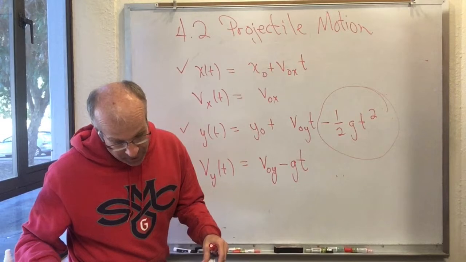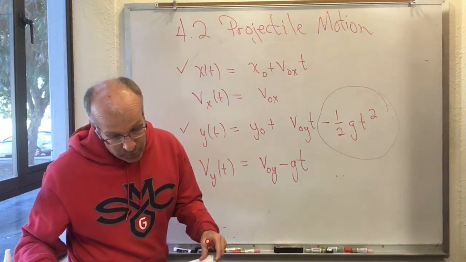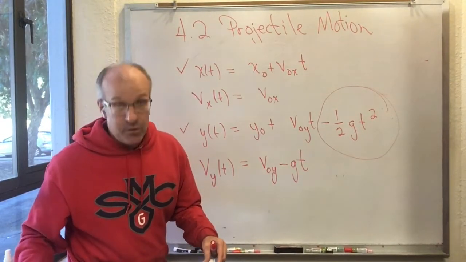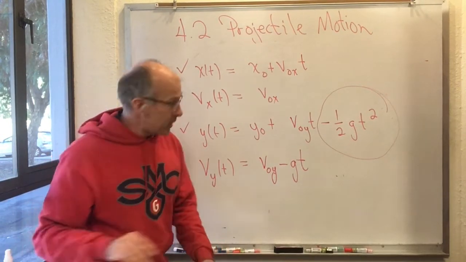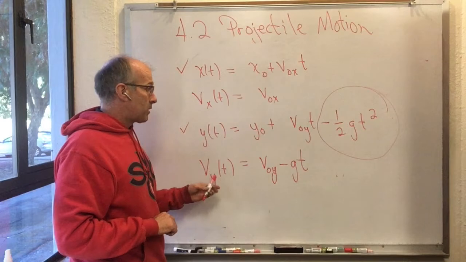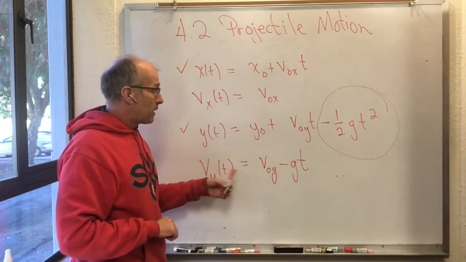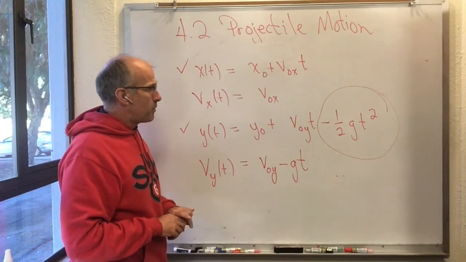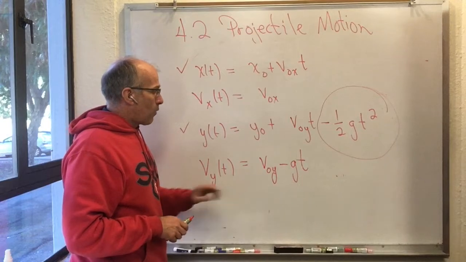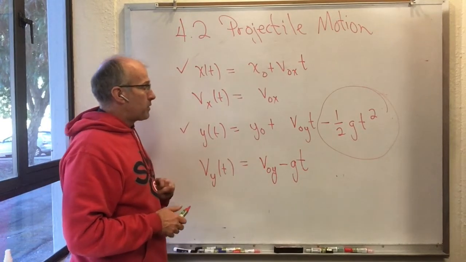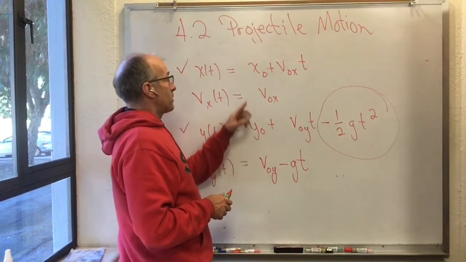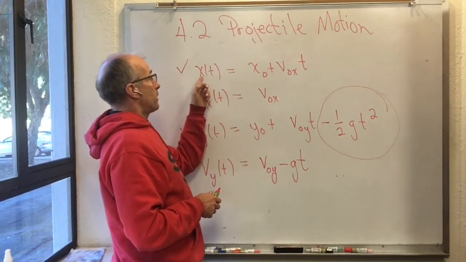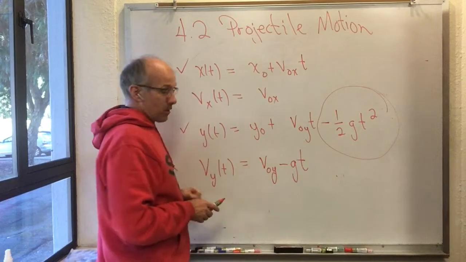You should compare that with the way Knight wrote it on page 88. He used delta t. That shouldn't trouble you. I just had t initial equal to 0, so all of my formulas here are assuming that y naught refers to the position of y at t equals 0, and x naught refers to the x position at t equals 0.